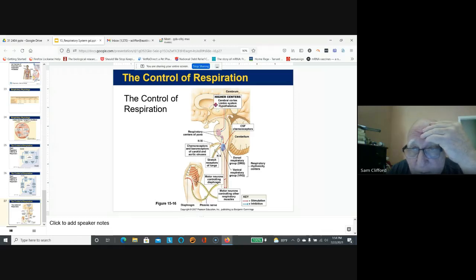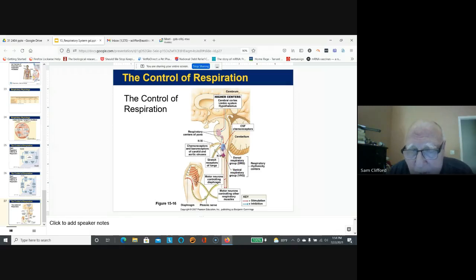Of course, you can make a conscious effort and control your breathing, but normally it's automatically controlled by sensation of these respiratory centers, and then these chemoreceptors and so on. And then we have other dorsal respiratory centers and so on, and ventral respiratory centers.